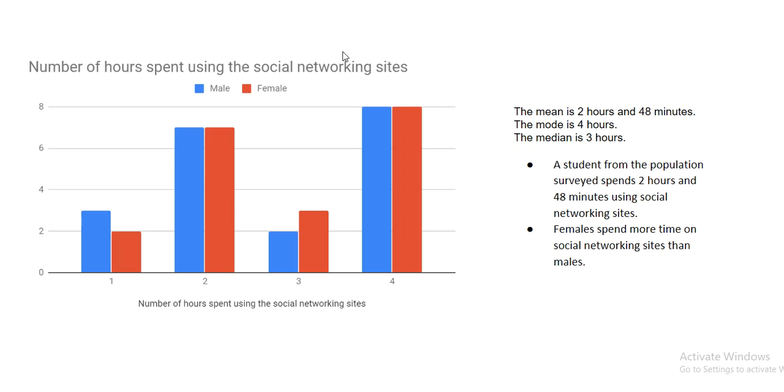However, the data collected shows females spend more time on social networking sites than males. 40% of the population surveyed spends 4 hours on social networking sites. The mean is 2 hours and 48 minutes, the mode is 4 hours, and the median is 3 hours.